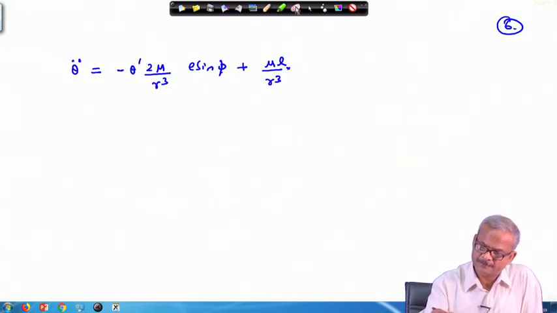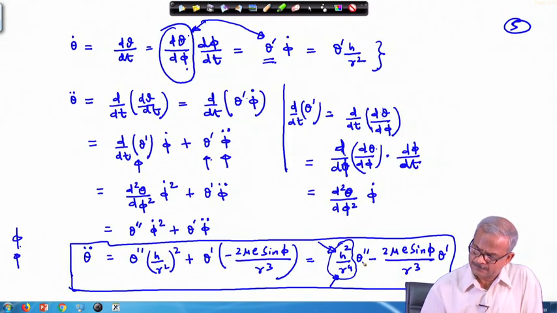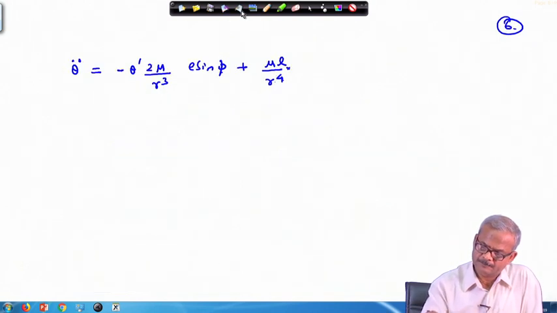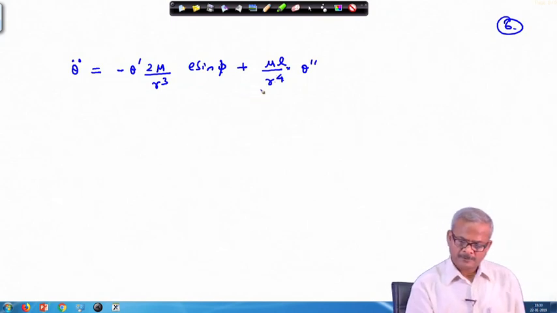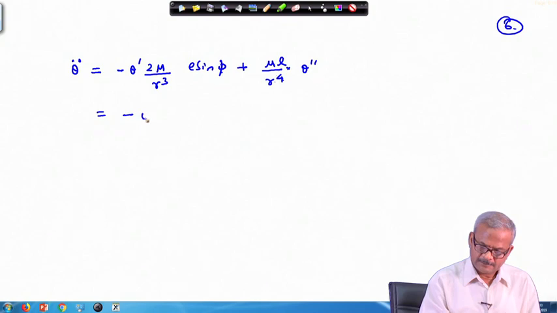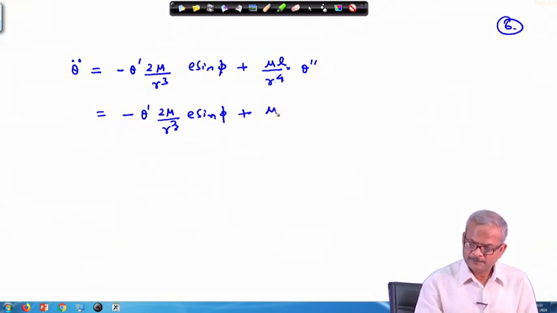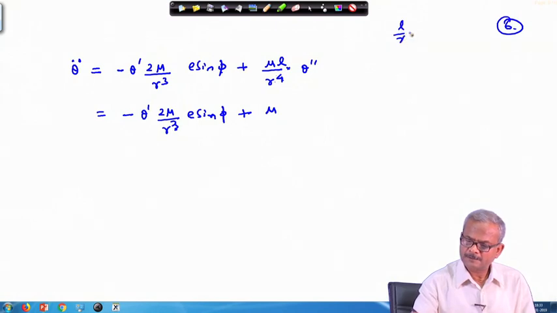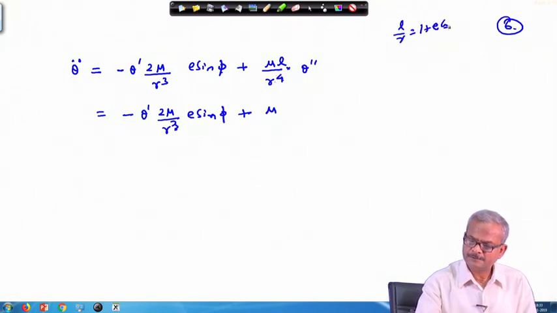So, here let us go one more step, by r to the power 4 and then theta double prime. We can eliminate one term here, theta prime 2 mu by r cube. L by r is equal to 1 plus e cos phi.